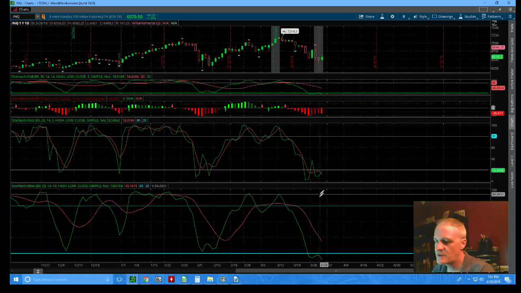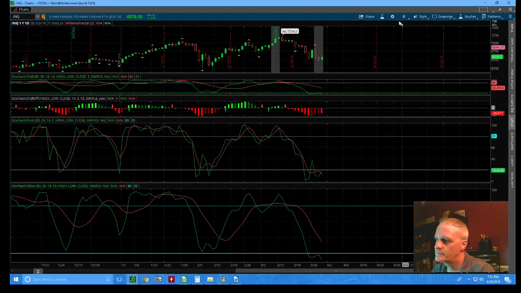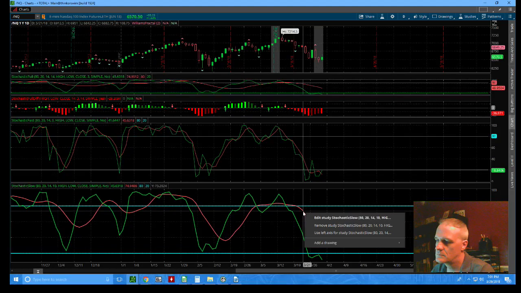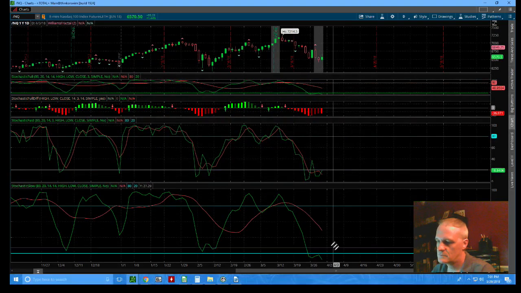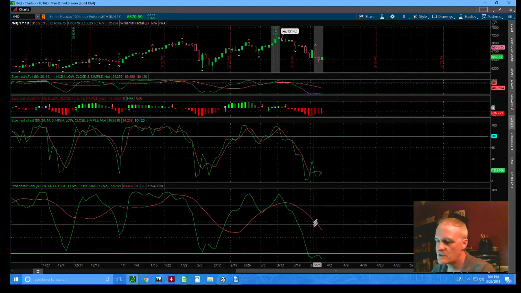So it slows it down considerably. I'm going to use 14 in this case. So it makes it look even slower.